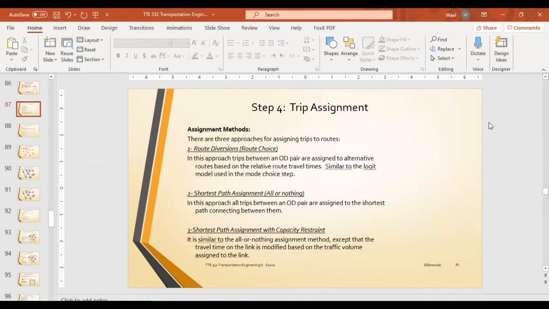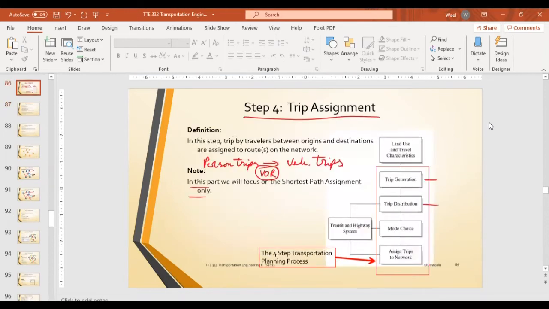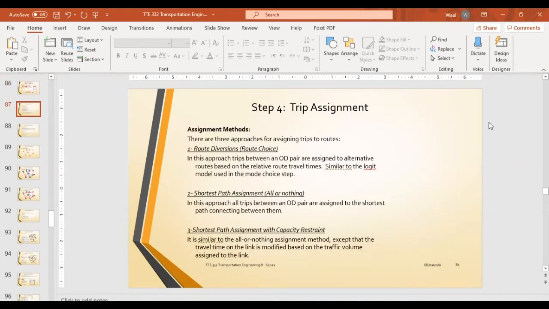So there are several assignment methods. Okay, there are three approaches for assigning trips to routes, because the final product that we need is to know on every link in the network how much traffic is expected to be there. So in order to do that, we have three different approaches.